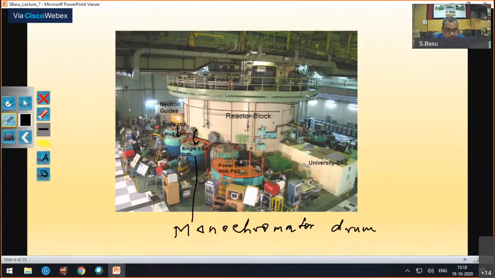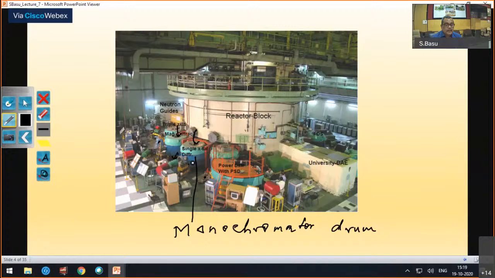So this monochromator drum is there to arrest all of these, because the experimentalist has to come to such places and he should be safe. We need to arrest all this unwanted radiation before he can start working. So that's why the monochromator drum is used.